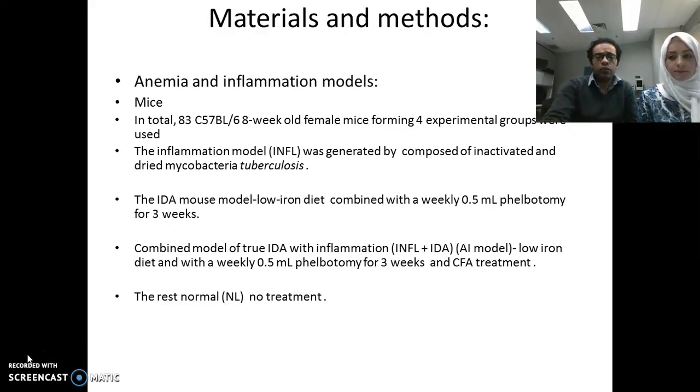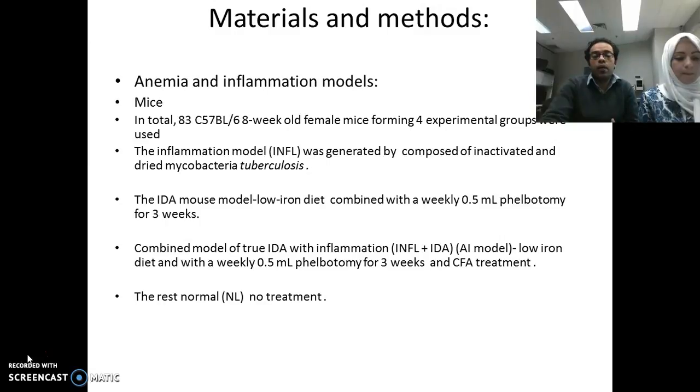Actually, it is a long process, and it starts with the anemia and inflammation model. A total of 83 C57BL/6 female mice, 6 to 8 weeks old, formed 4 experimental groups. For this experiment, the inflammation model was generated using CFA, composed of inactivated and dried Mycobacterium tuberculosis.